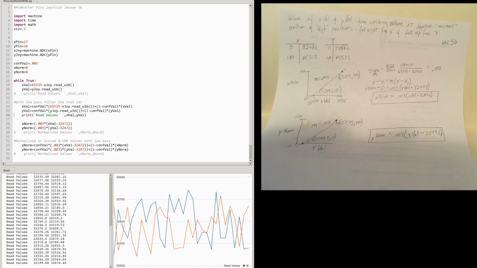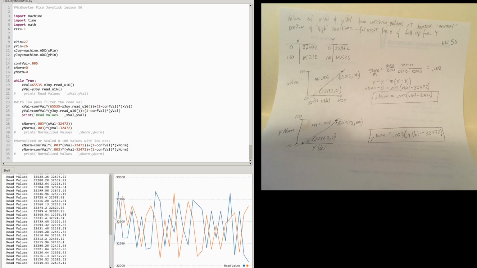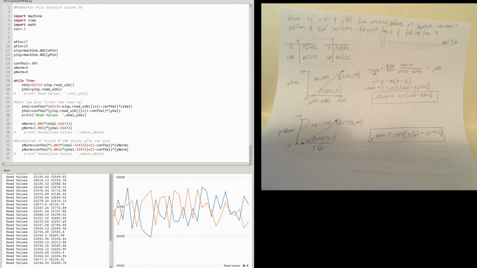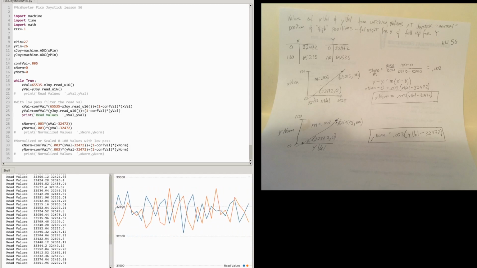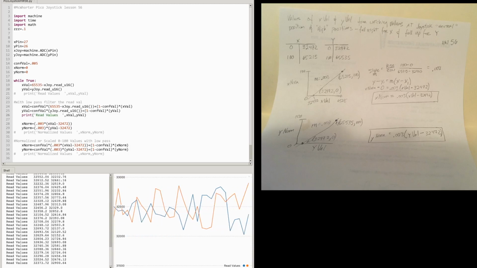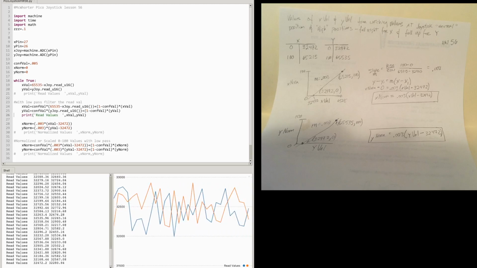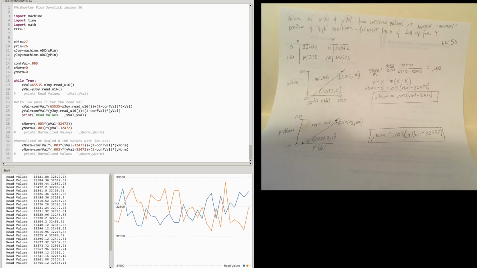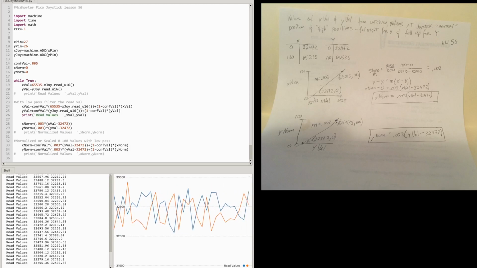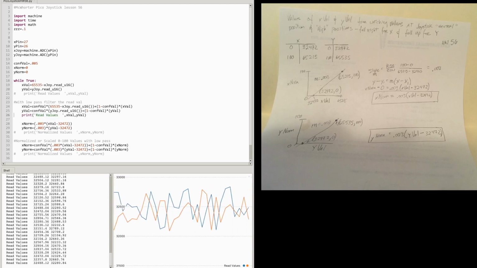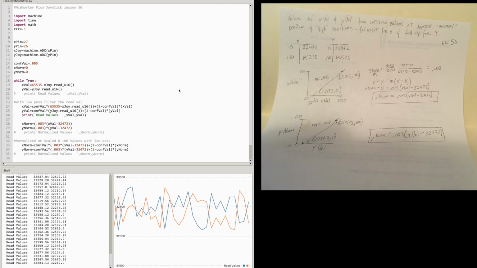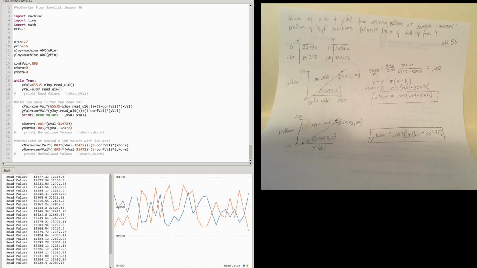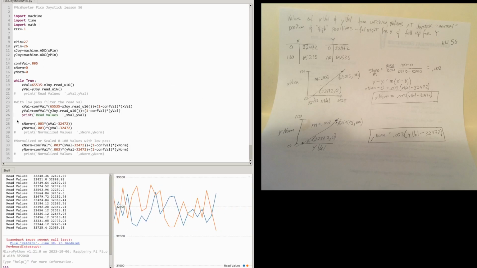Holy mackerel, that low pass filter doesn't seem to be doing anything really, and I'm probably showing my ignorance and understanding of low pass filters, but that's what I got.